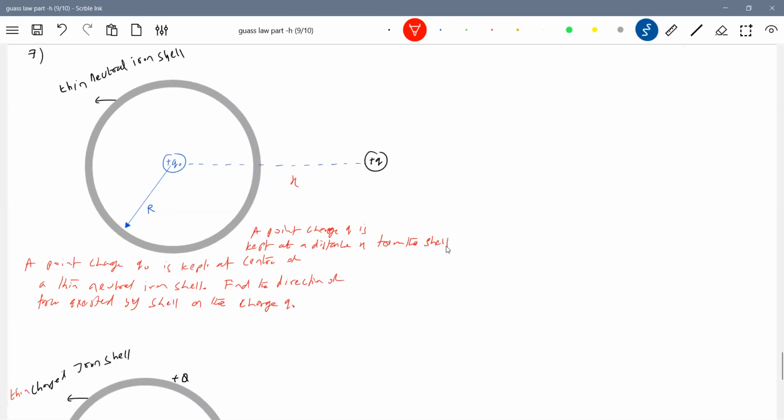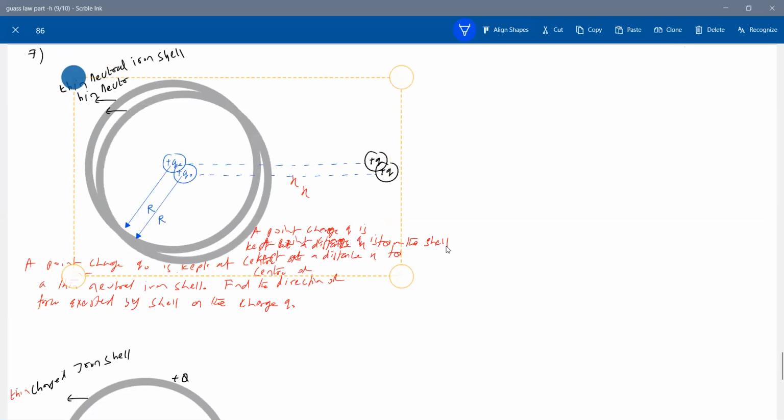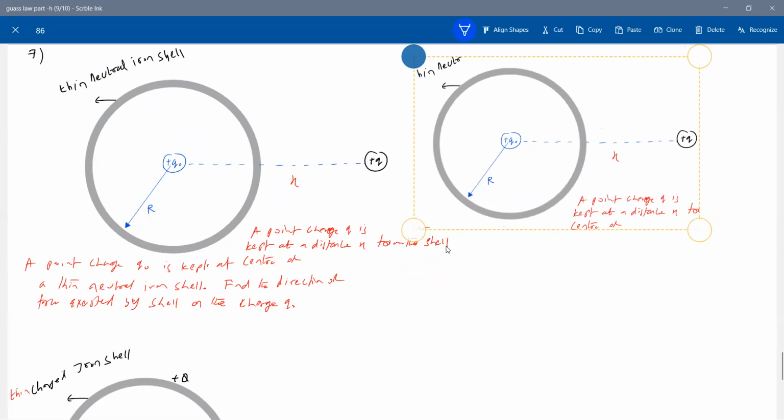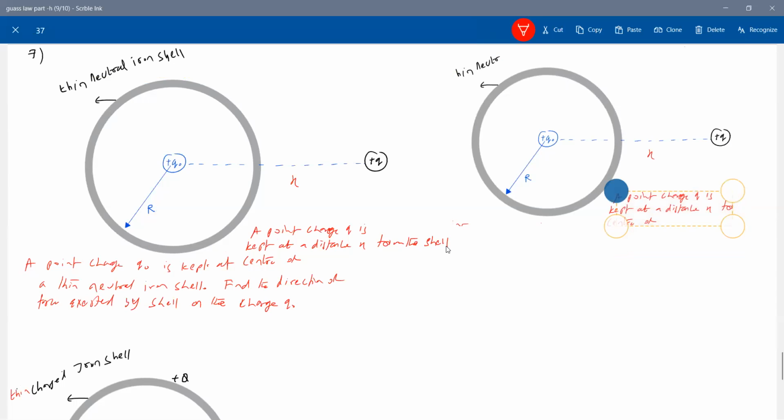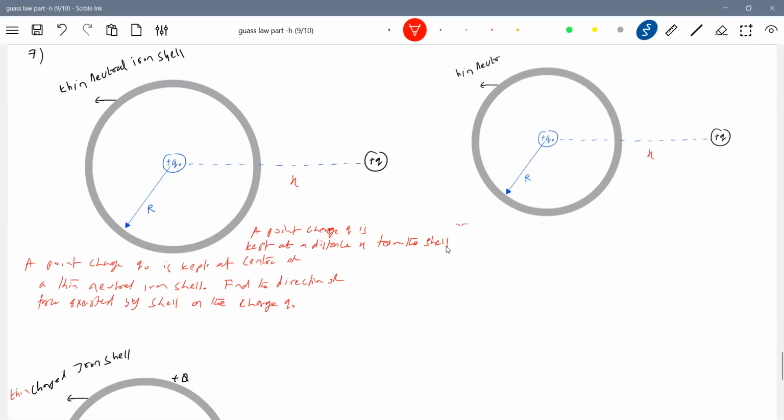Okay, now let's take what will happen after this. We'll show all the induced charges. So this will be induced charge due to this; I'll show negative. How much should it be? Minus Q naught, and plus Q naught.